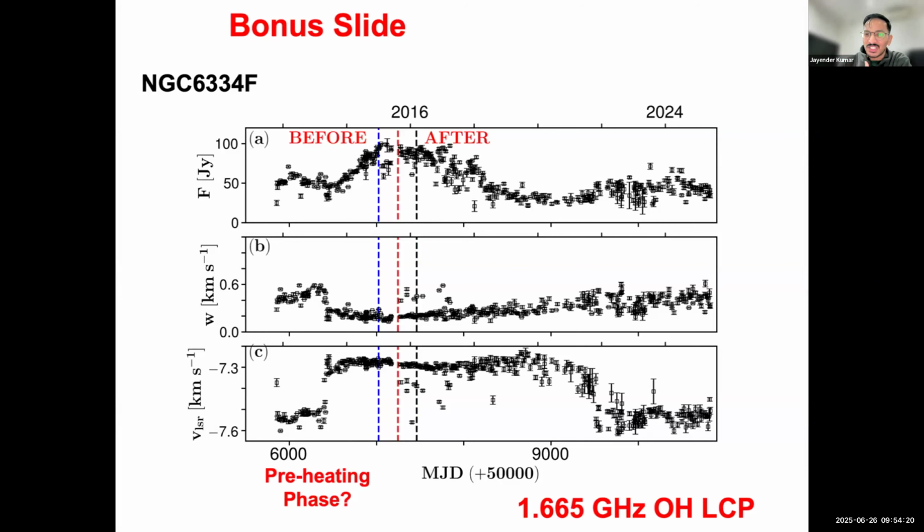That was also at the start or maybe end of 2014 or at the start of 2015. So you're saying that the OH activity started behaving up and down even before the continuum outburst happened.